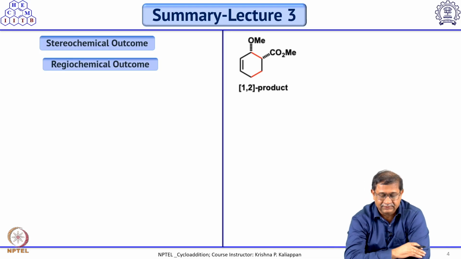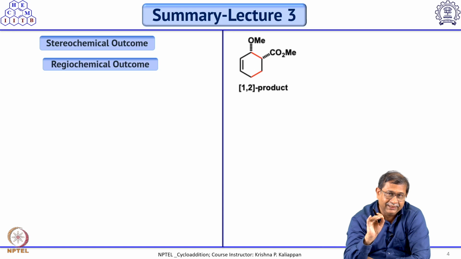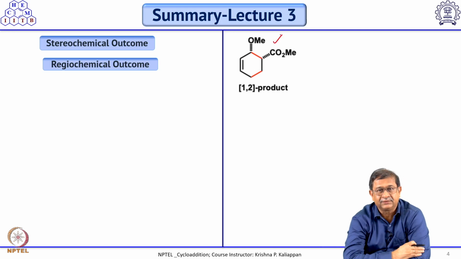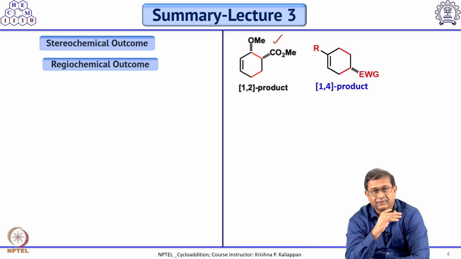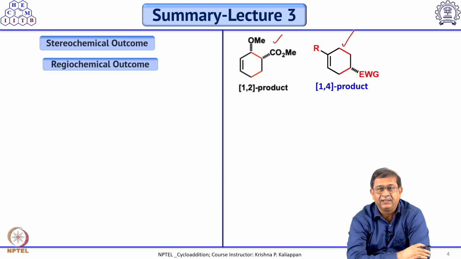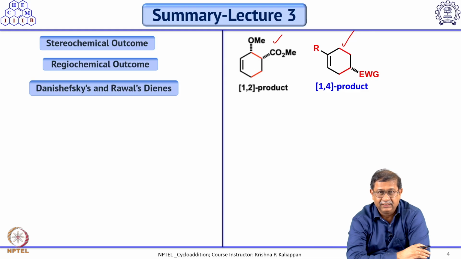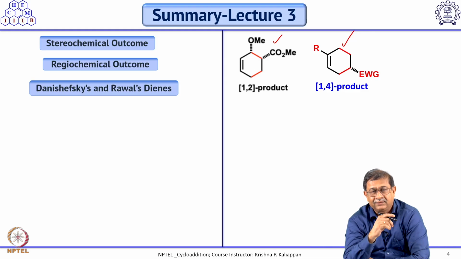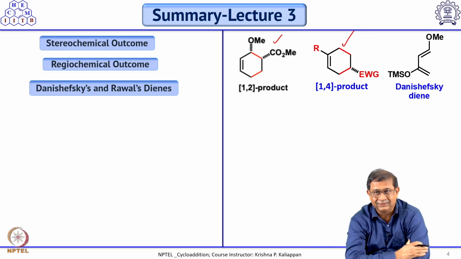4+2 cycloaddition reaction. So for example, if you have a diene with a substituent at carbon number 1, then in the Diels-Alder reaction you will get the 1,2 cycloadduct, and if the substituent attached to the diene is at carbon number 2, then you will get predominantly the 1,4 adduct. Then we also talked about Danishefsky's diene and Rawal's diene, where the electron donating substituents are present at carbon numbers 1 and 3.